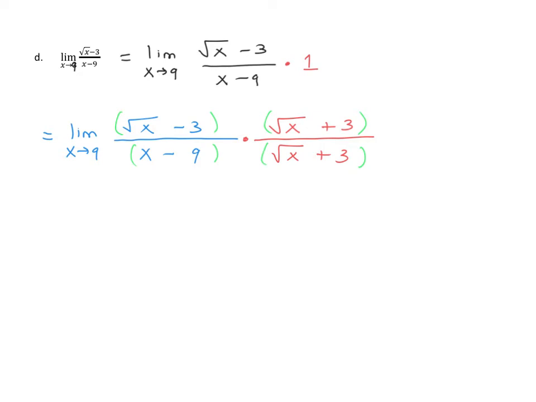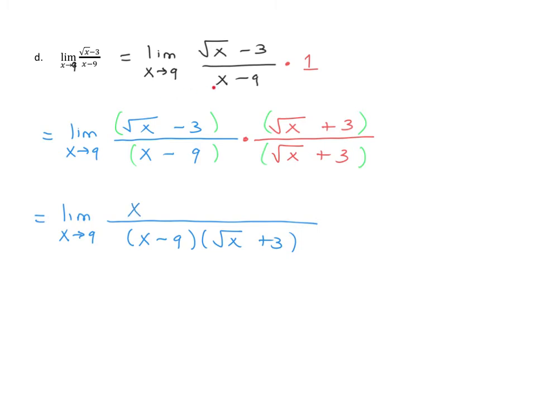If we look at just the numerator, this is the limit as x approaches 9 of, actually I'll start with the denominator. I'm just going to not multiply it out. I'm just going to leave it completely alone. In the numerator, we have the square root of x times the square root of x. You are squaring the square root of x, and what do you know? That gives you x.